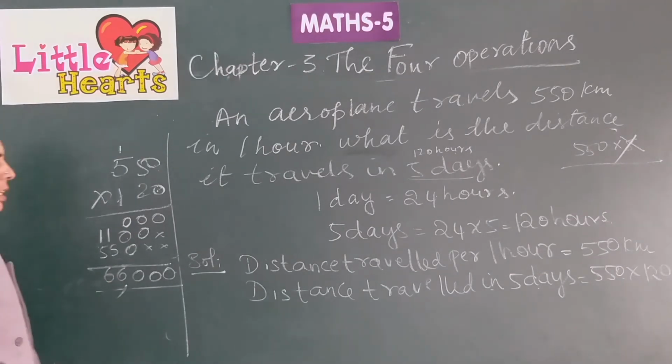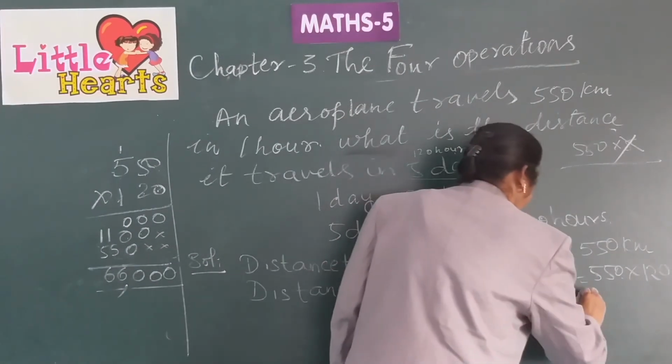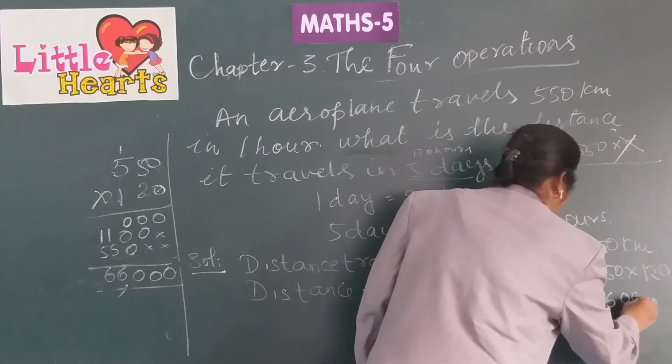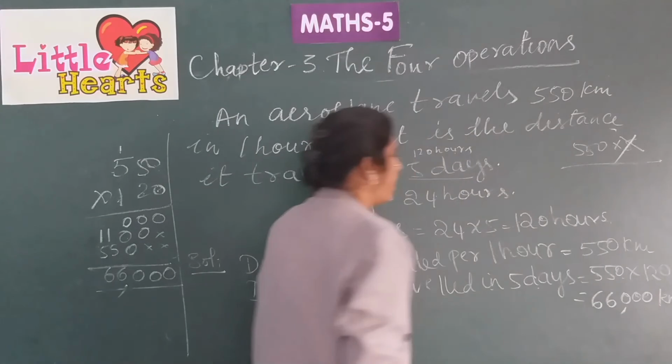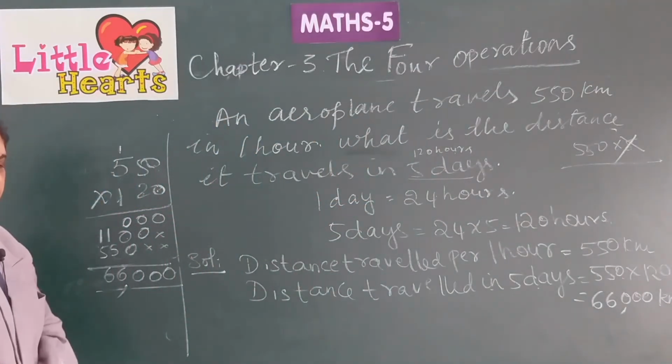So 66,000 kilometers is the distance traveled by the aeroplane in 5 days.